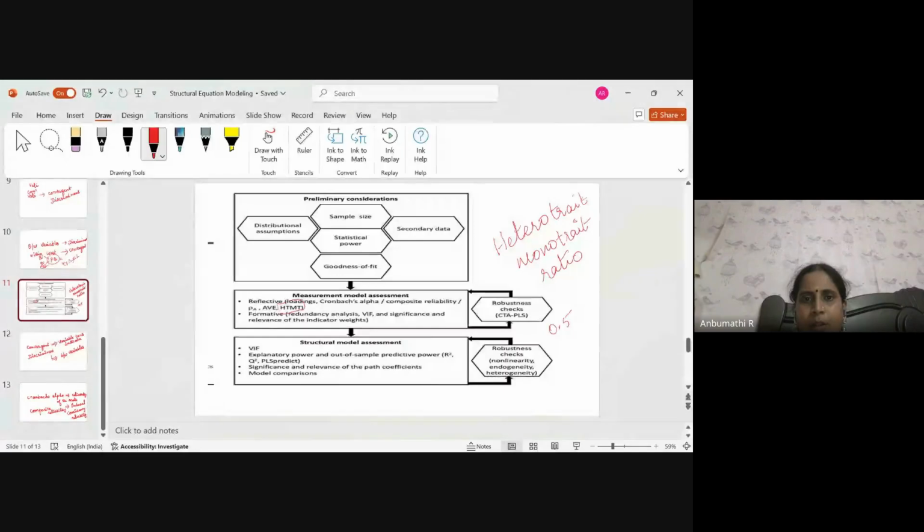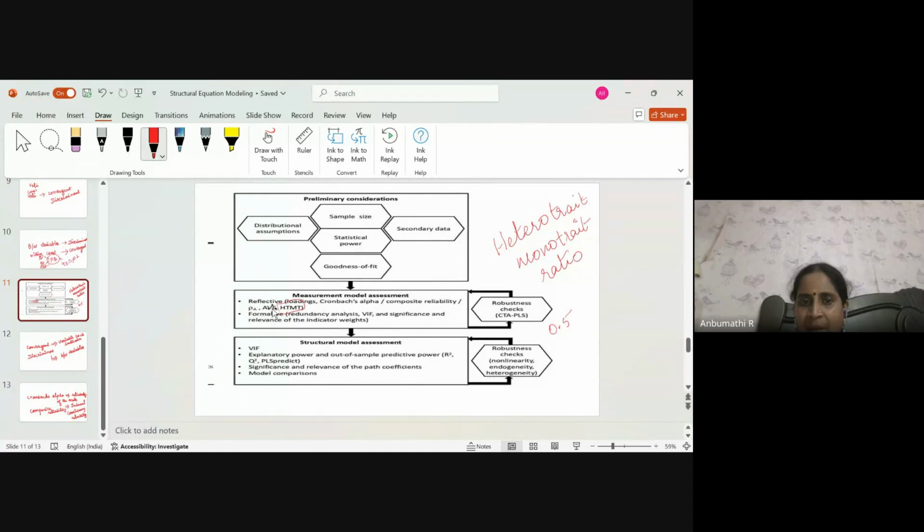Okay, so in the measurement model, you will see this loading, Cronbach's alpha, composite reliability. There it is given rho A. Do you see this rho A, sir? Yes, madam.